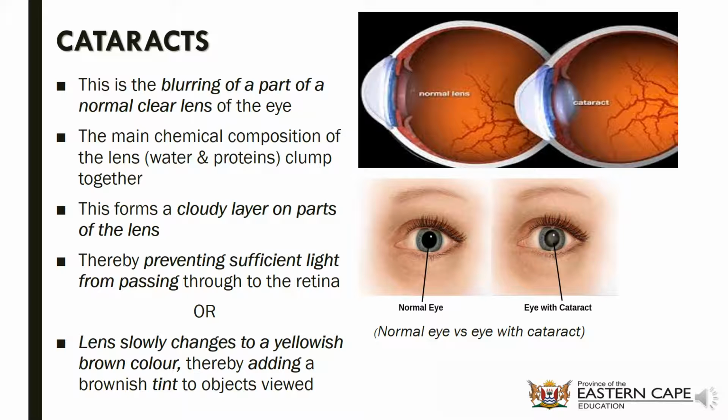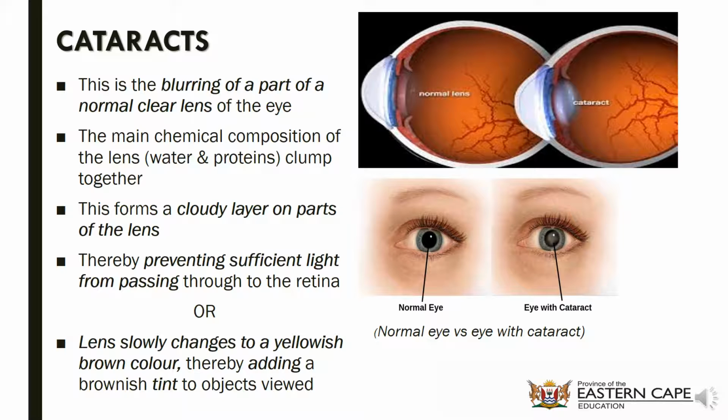So if you look at our diagram on top here, a normal lens is very clear. So light rays come in, they'll be able to form on the retina. However, when you have a cataract, that lens starts becoming cloudy. And because it becomes cloudy, it's going to change the density at which the light rays come and penetrate into the eye. And as we've said, it will affect the formation of your image.